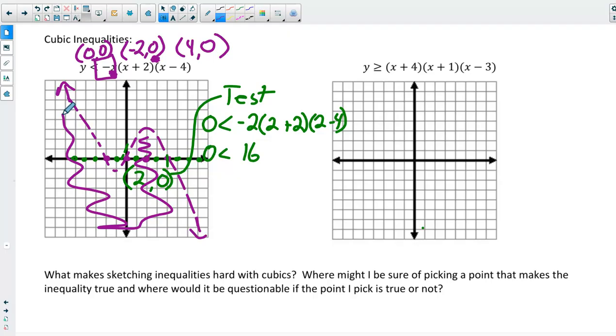Question. All right, you got the next one. You got this one right here.